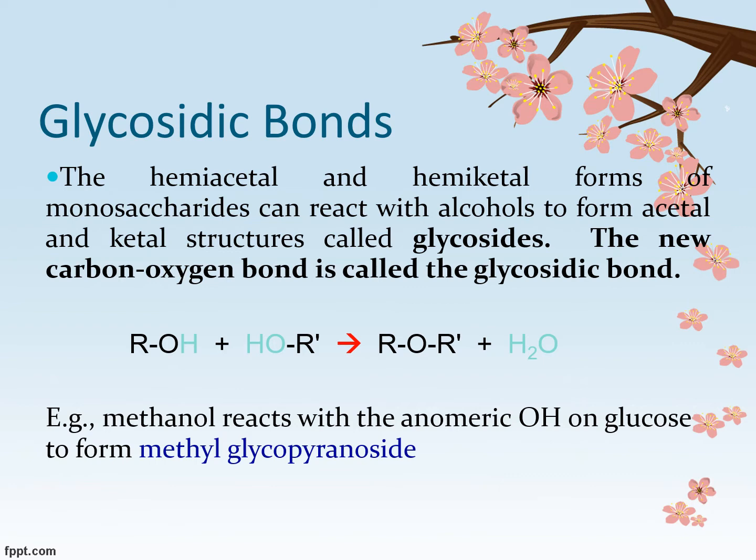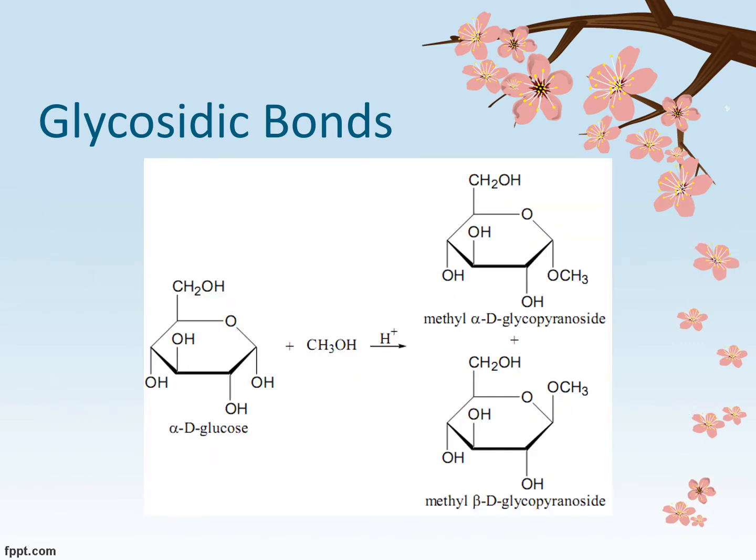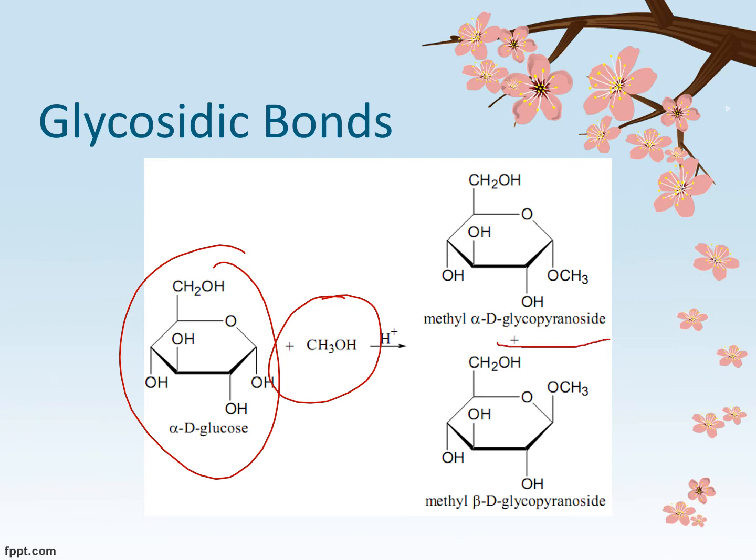For example, methanol, an alcohol, reacts with the anomeric OH on glucose to form methyl glycopyranoside. So the alcohol reacts with the monosaccharide glucose to form the glycosidic bond.